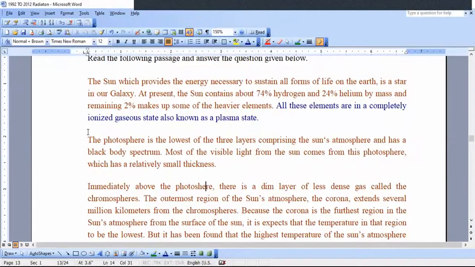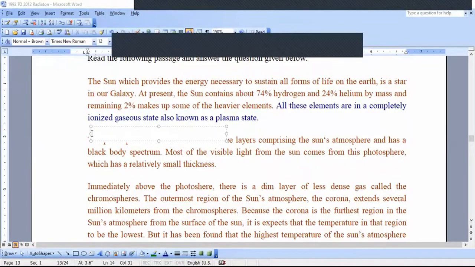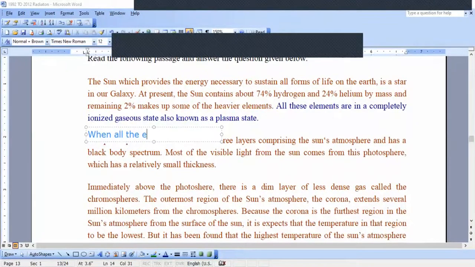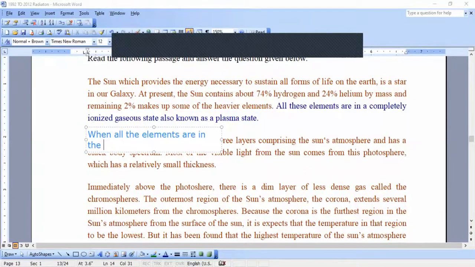Answer is: when all the elements are in the complete ionized gaseous state, comma, that is known as plasma state.